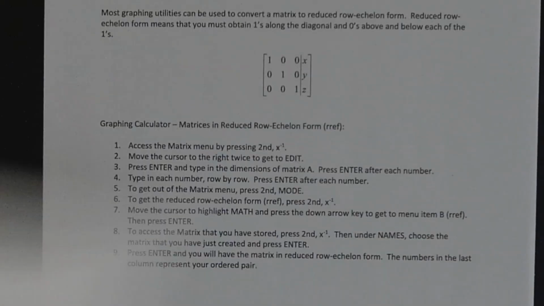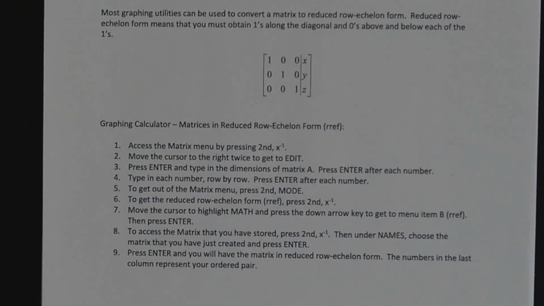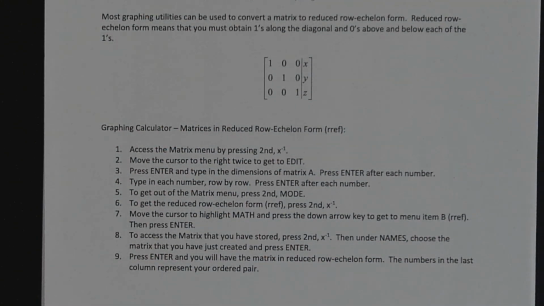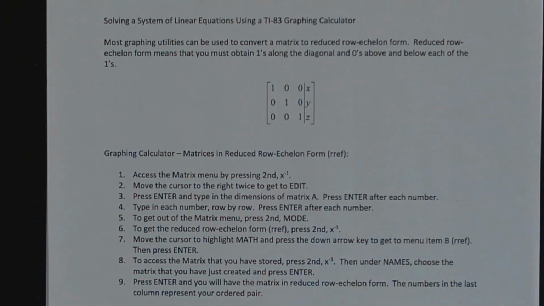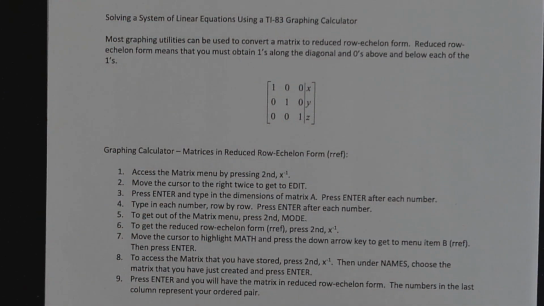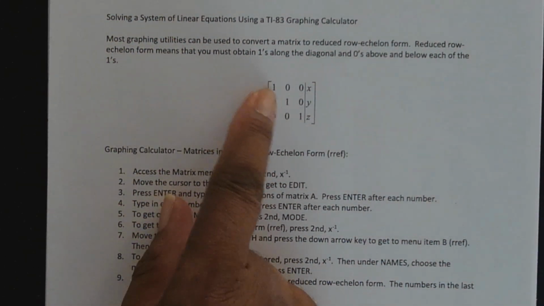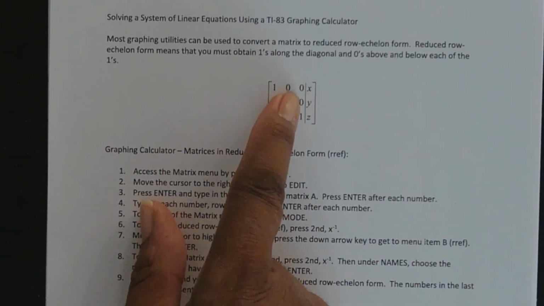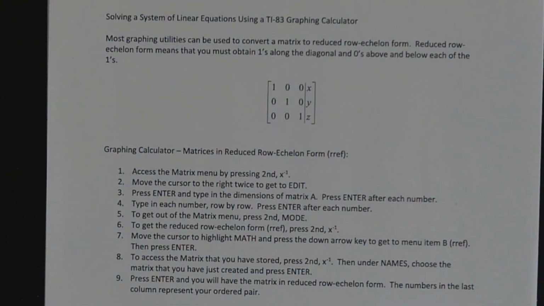All right, and the last page is that spoiler alert. You can use a graphing calculator to convert a matrix into what they call reduced row echelon form. Reduced row echelon form is where you're going to have ones along the main diagonal and zeros above and below those ones. We call that Gauss-Jordan elimination.